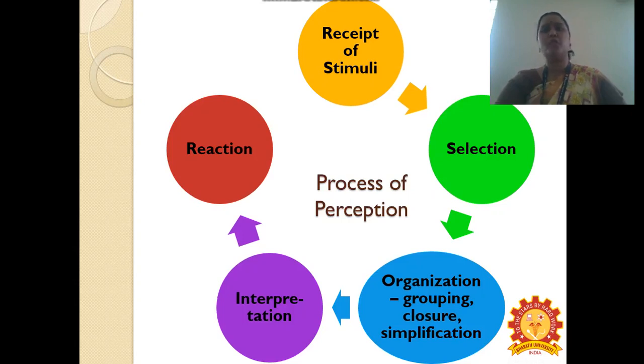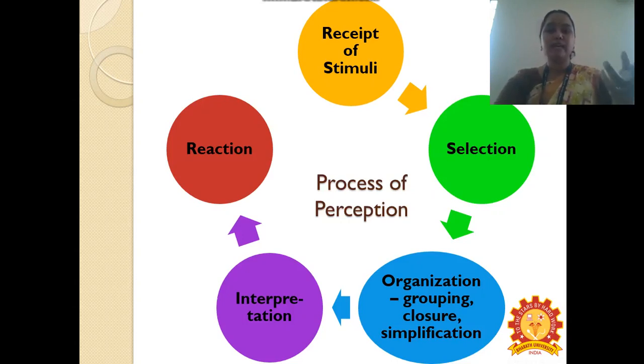It can be in the form of objects that are going to stimulate the desire inside me to perform something, or it can be in the form of events, something that is going to happen in future, or it can be in the form of people who are going to shower their love on me and make me do the work. So stimuli can refer to anything that is going to induce the excitement inside a person to perform something. Now, what is this receptive stimuli?